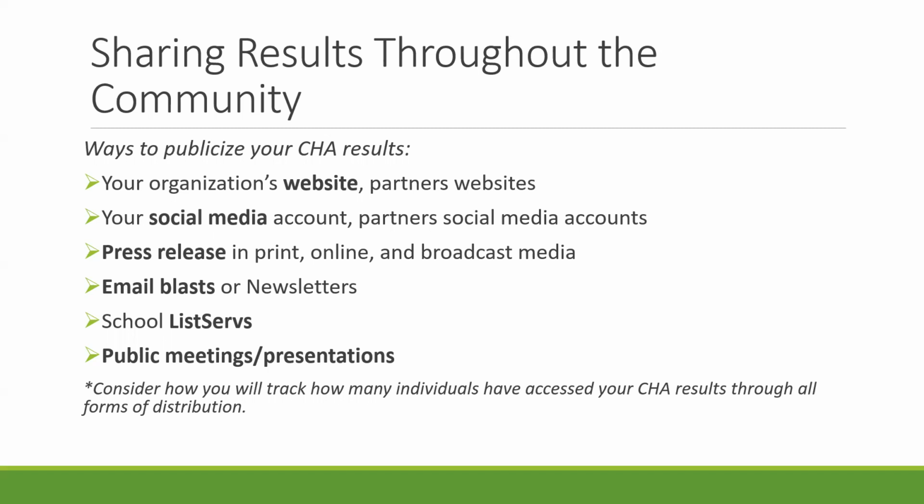Some different ways you can publicize your community health assessment results are through websites, social media accounts, press releases, email blasts, listservs, or public meetings and presentations. And you also want to consider how you will track how many individuals have accessed your CHA results through these different forms of distribution so you know what is most effective.